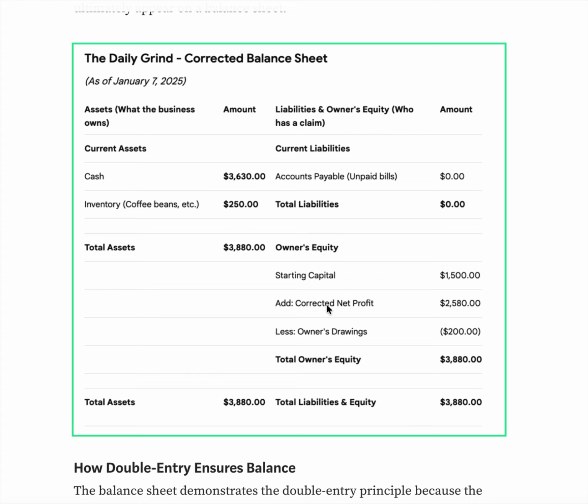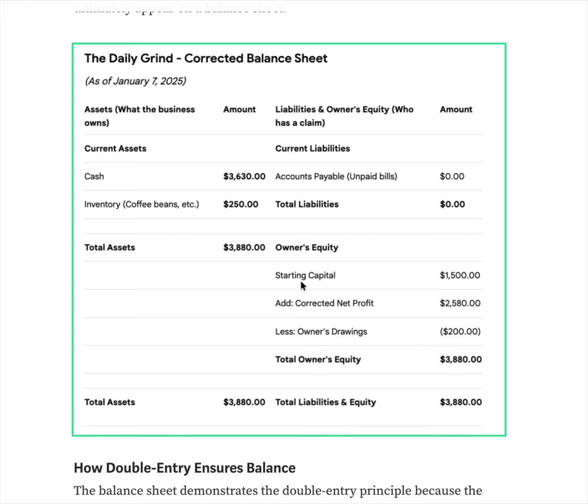The total assets you have are the cash from all the revenues that you earned, plus the inventory, and the total assets equal 3,880. In the liabilities, you don't have any accounts payable, and you didn't take any loan here.